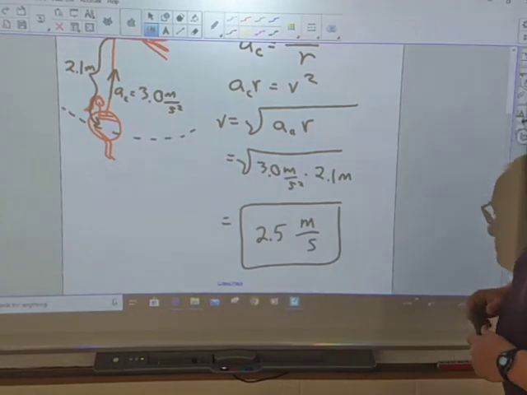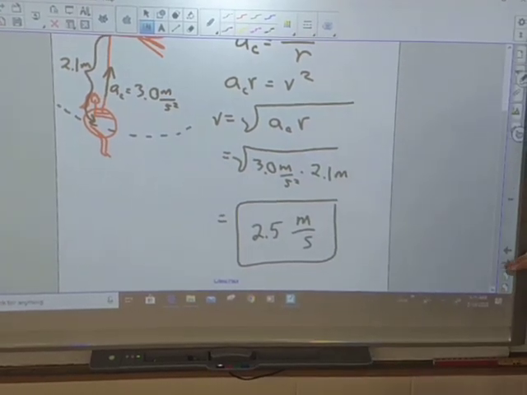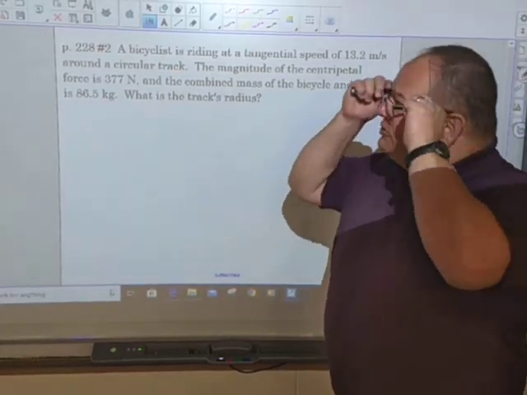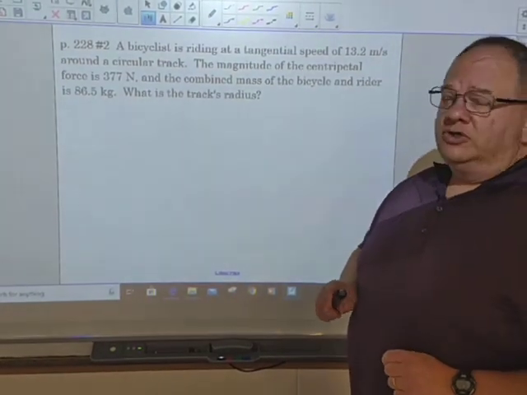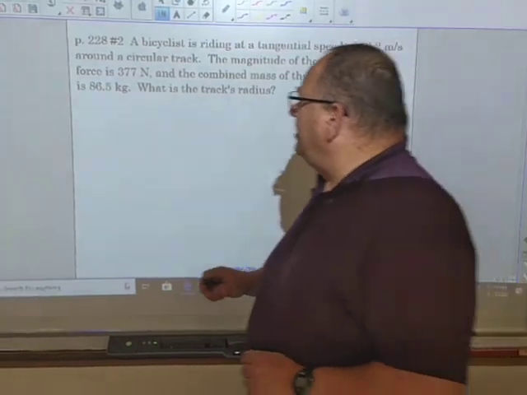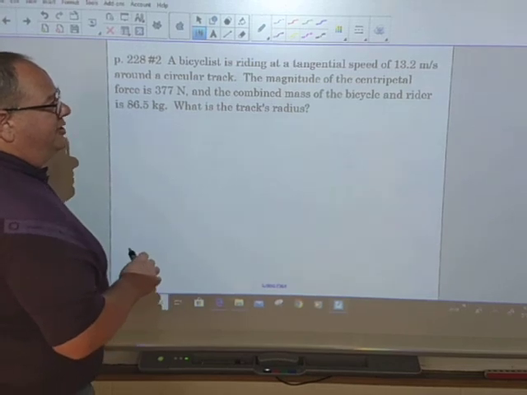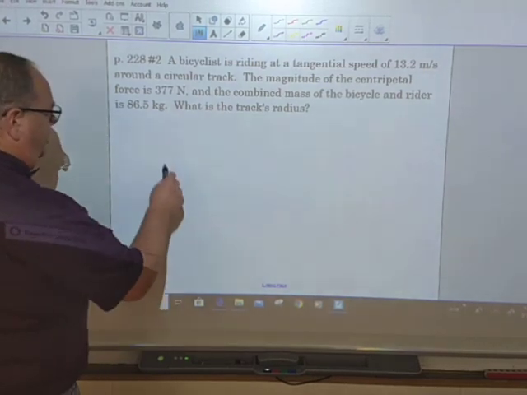Pretty straightforward problem. All right, this is problem number 2 from page 228. It says a bicyclist is riding at a tangential speed of 13.2 meters per second around a circular track.